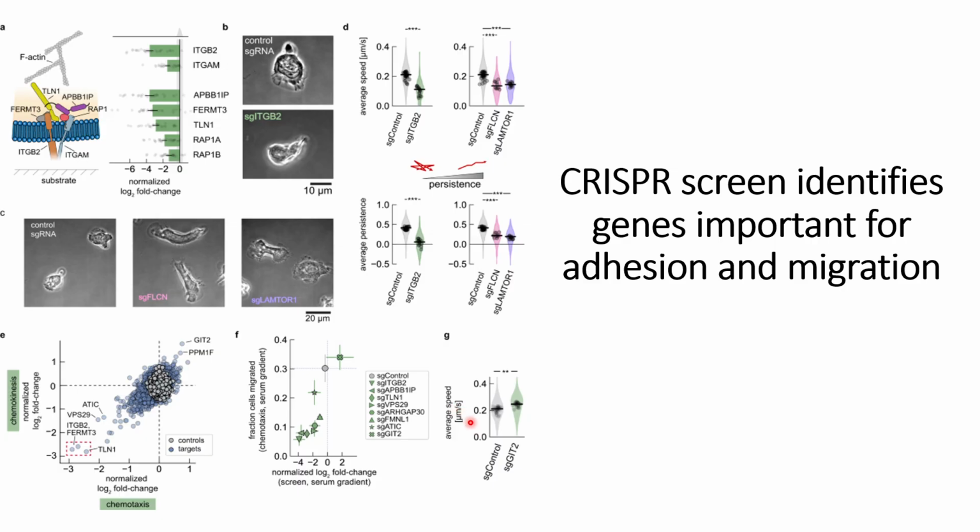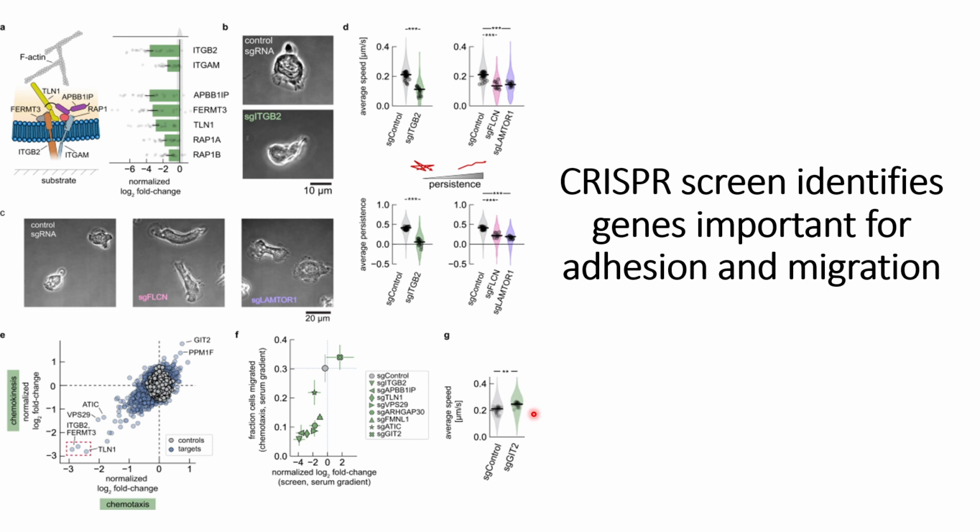Thereafter, they checked the average speed, and they can see that in the GIT2 knockout the cells are migrating at a higher speed, indicating that GIT2 has some negative effect on, or suppresses, the migration properties of the cells.